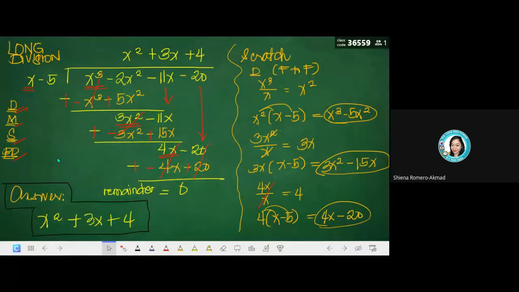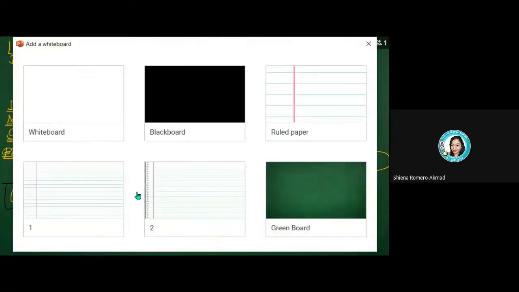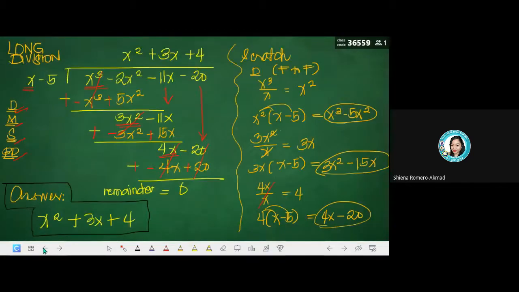Ito. So dito tayo sa kabila. Ayan. X cubed minus 2x squared minus 11x minus 20. Kala mo matatandaan ko, no? Sana matandaan ko.